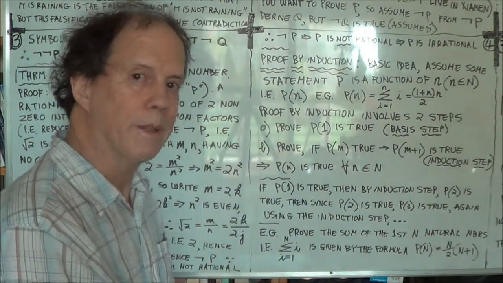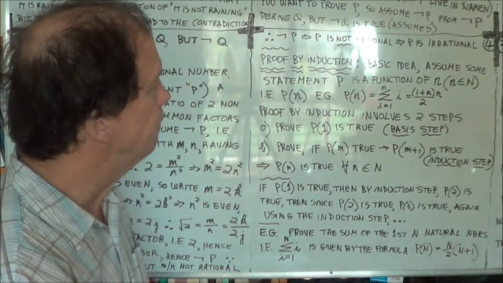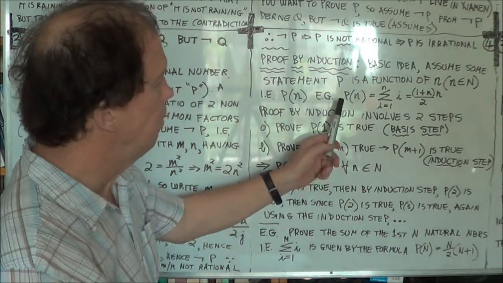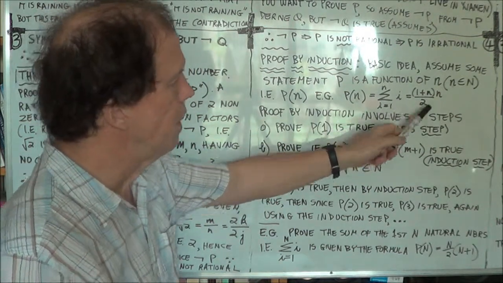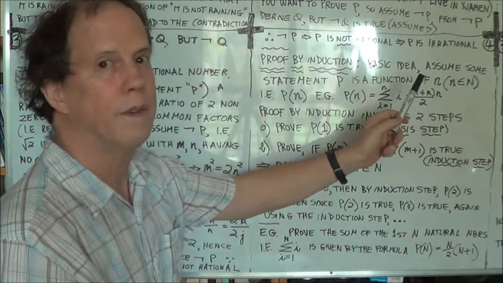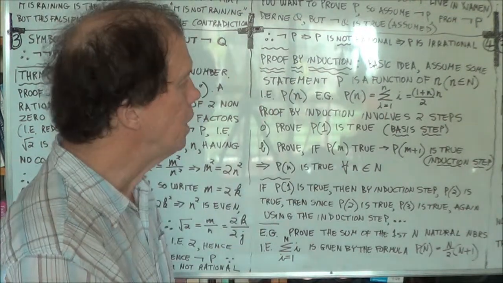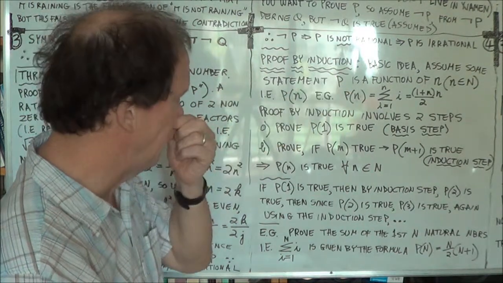That would be your mathematical statement. So you would then need to prove that P of n, which is defined as the sum of the first n natural numbers, is equal to this formula. That would be your theorem statement. And to actually prove it, you use proof by induction.